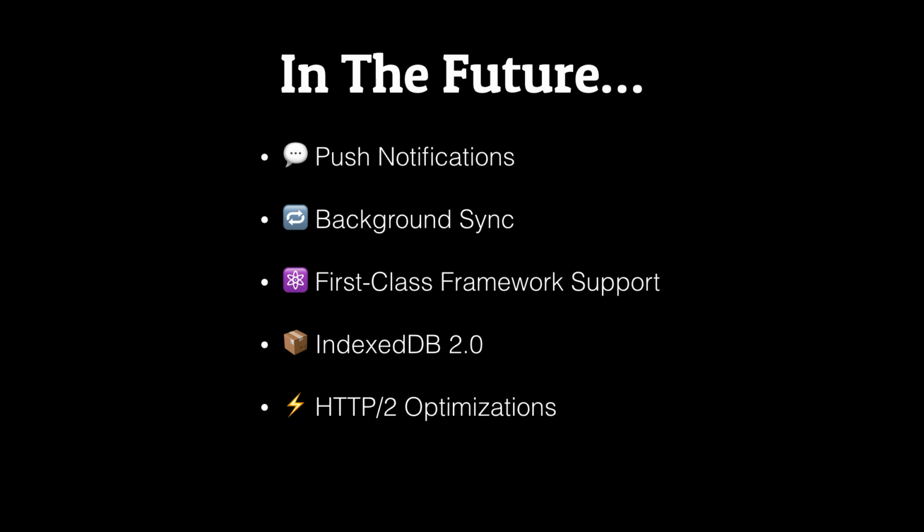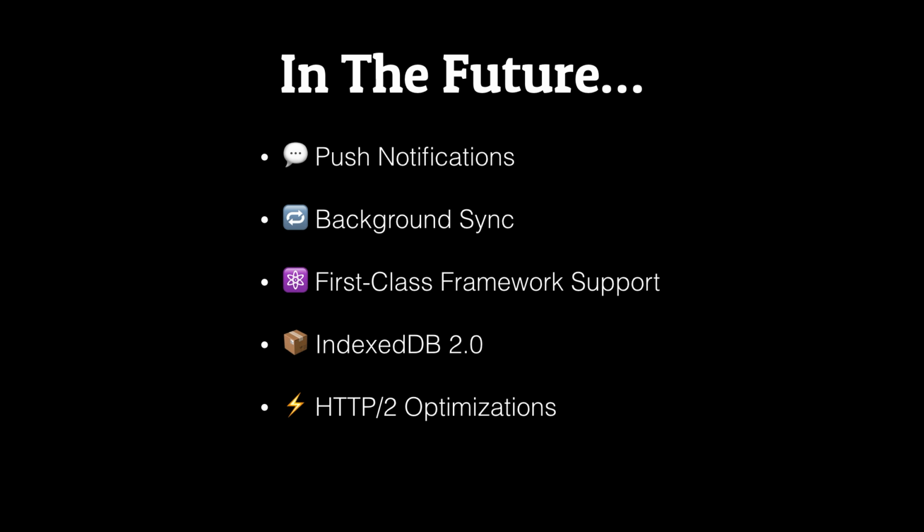In the future, we can expect new developments in terms of these app-like characteristics, which include push notifications by way of a service worker, background sync by way of service workers, and first-class framework support where we don't have to build on top of the low-level IndexedDB and service worker APIs, but rather can have sort of a plug-and-play approach to applying different caching strategies.